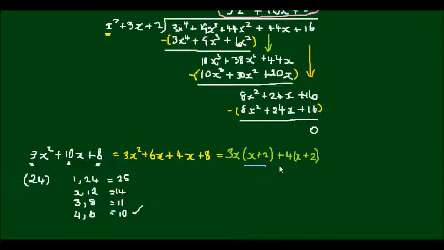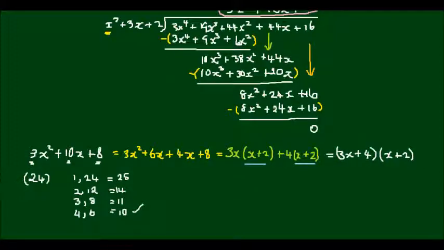Now I can factorize out the x plus 2, and that will leave me with 3x plus 4 multiplied by x plus 2. Okay, so we have completely factorized our original polynomial.